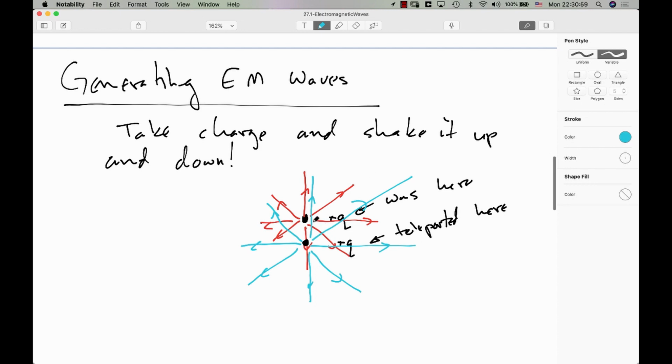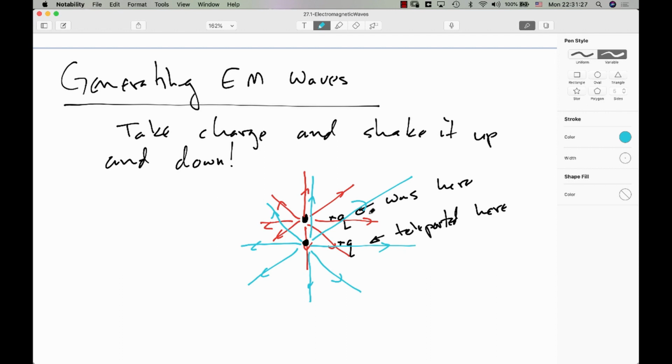So say at some intermediate time, we can imagine that, say, right here, this bit of space got the memo that the charge had moved, but out over here, this bit of space still hadn't gotten the memo yet. And if that was the case, then the electric field would be pointing away from the old location.